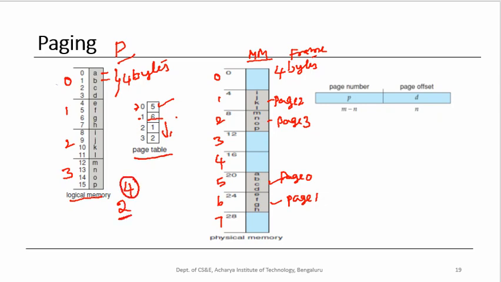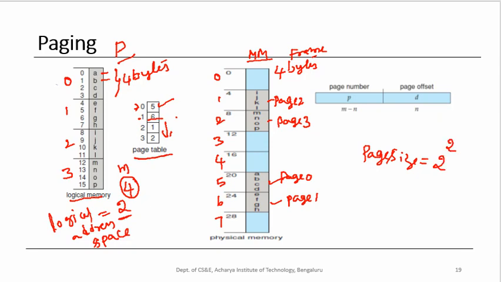Now you can say that this is M. So I have represented the logical address space of the process in terms of 2 to the power of M. And let me express the page size in terms of 2 to the power of N. Here N is equal to 2 because the page size is 4 bytes, so N is 2. I hope you understood what is M and N.